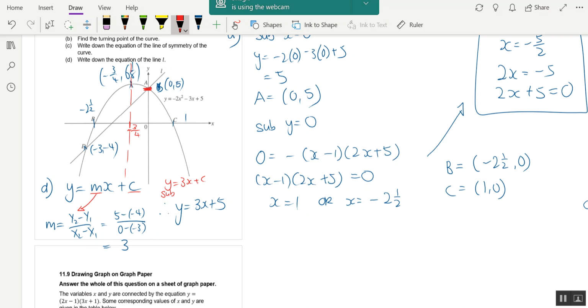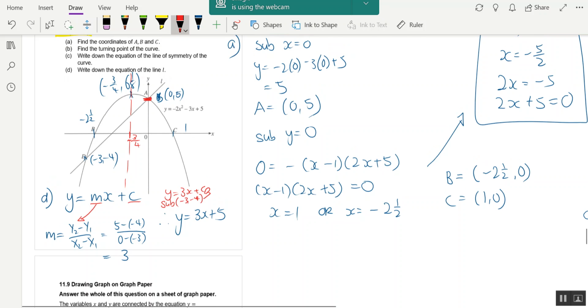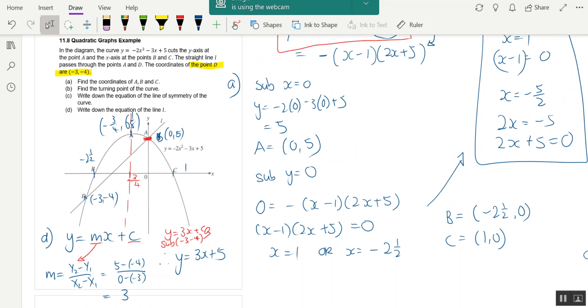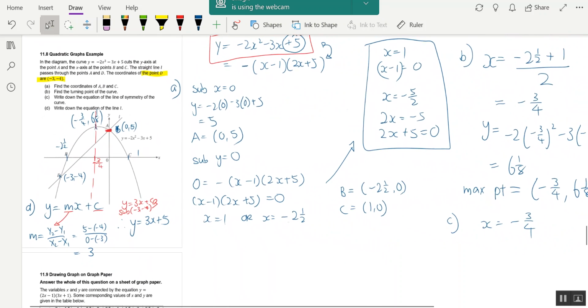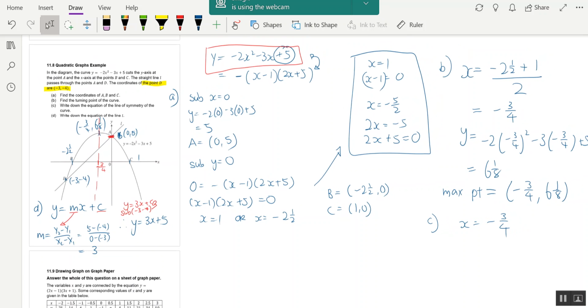I sub in a point which is (negative 3, negative 4), so that I can find the c and then put it back into the equation. Okay, so remember, a straight line is in the form of y equals to mx plus c, and by this time you should be very familiar with how to find the x-intercept, the y-intercept, and the turning point of a quadratic graph.